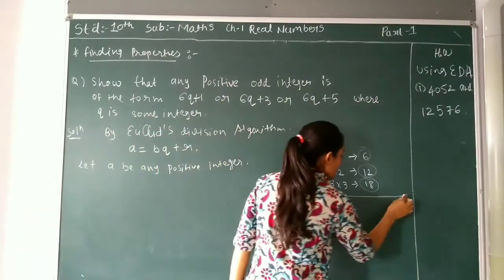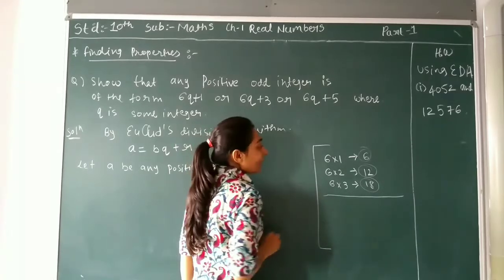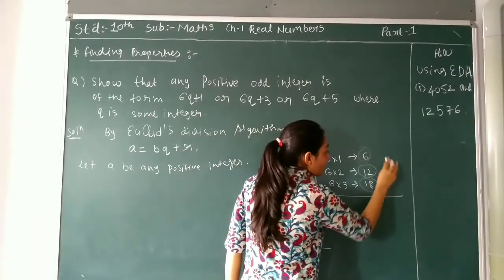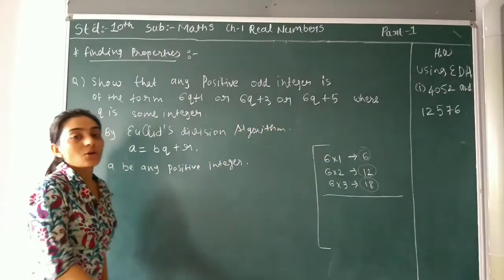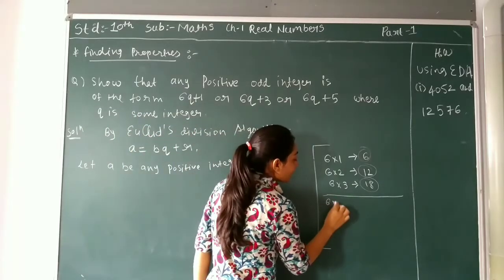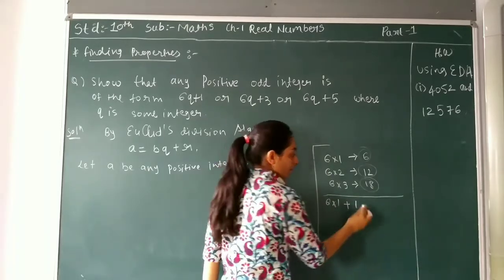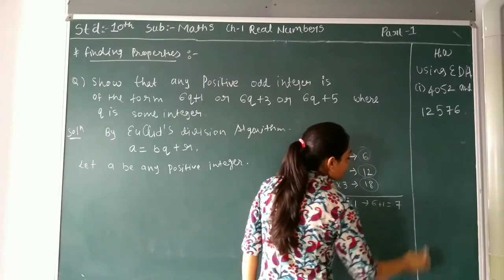Now the second thing is, whenever we add any odd number to this, we always get an odd number. If you multiply and add any odd number: 6 plus 1 gives 7.